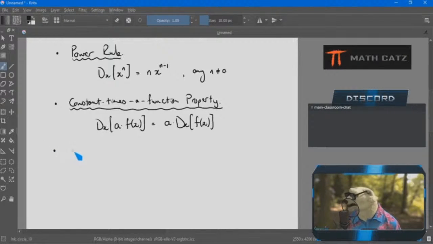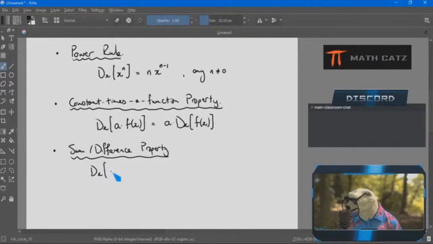I wish it did. Then I also have this sum or difference property. Really, this is two properties in one, one for the plus, one for the minus, but because they look the same, people just merge them together. Technically, it's two properties, saying that if I have, let's say here, an f plus or minus a g, so my whole function is made up of different terms added or subtracted together.